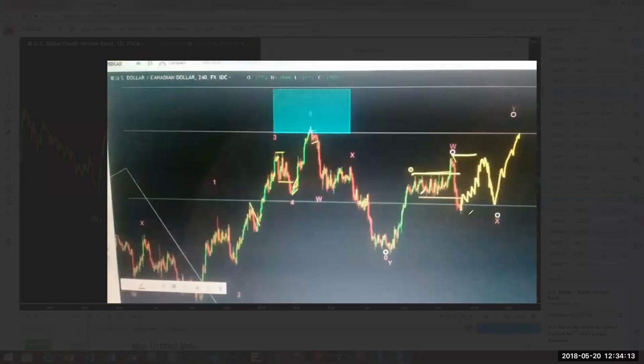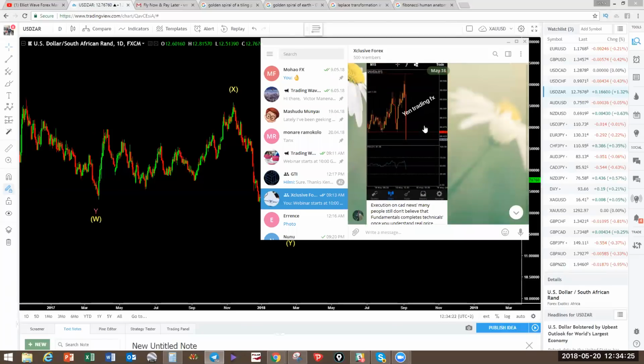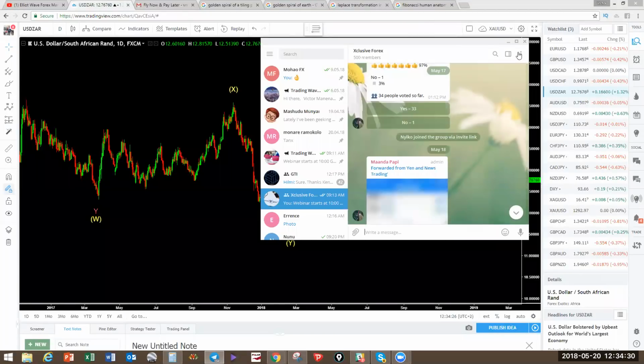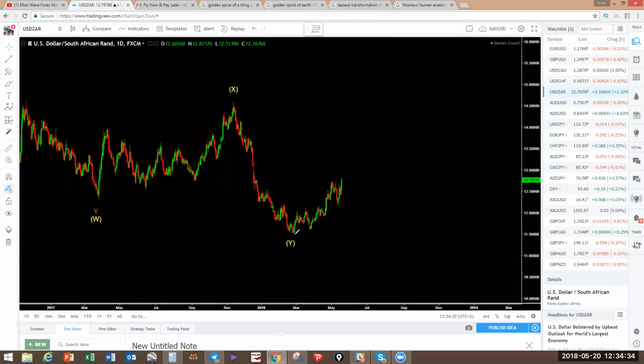This is actually US dollar CAD. If you remember what we said about US dollar CAD, it's exactly what has happened: a move up, a move down and a move up. Okay, that's just one. I'm glad people are making money with this analysis.